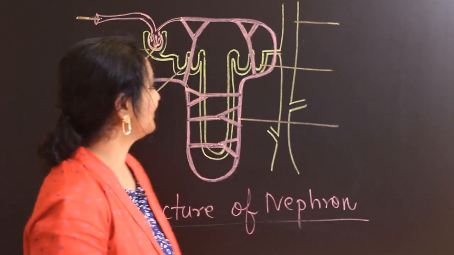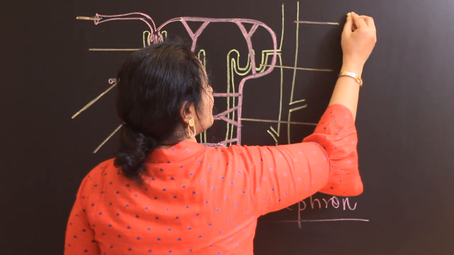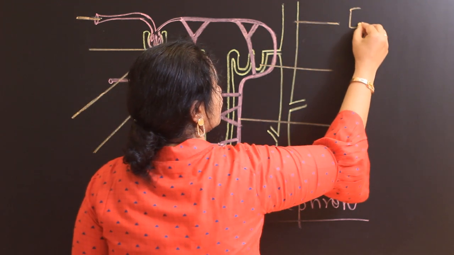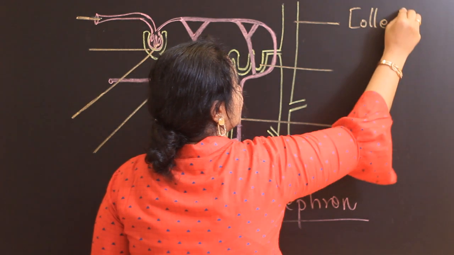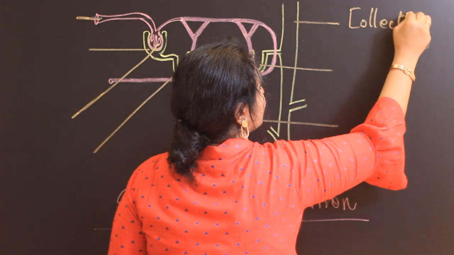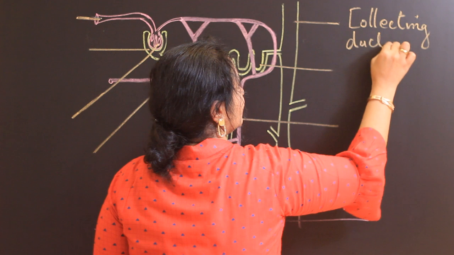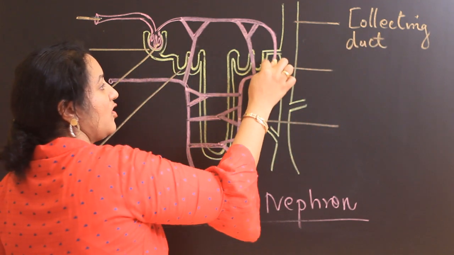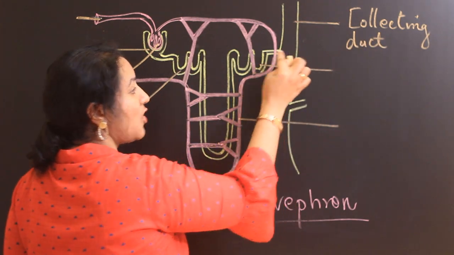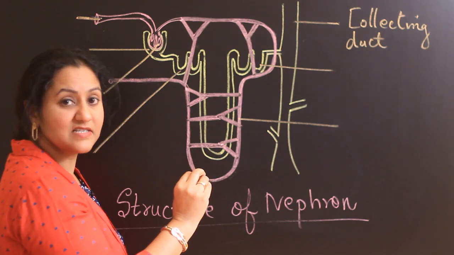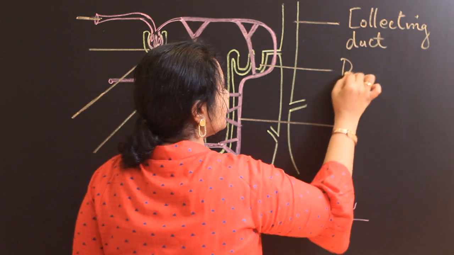Labeling starts. This is collecting duct. Highly coiled structure here, which joins directly to collecting duct, is a distal convoluted tubule.